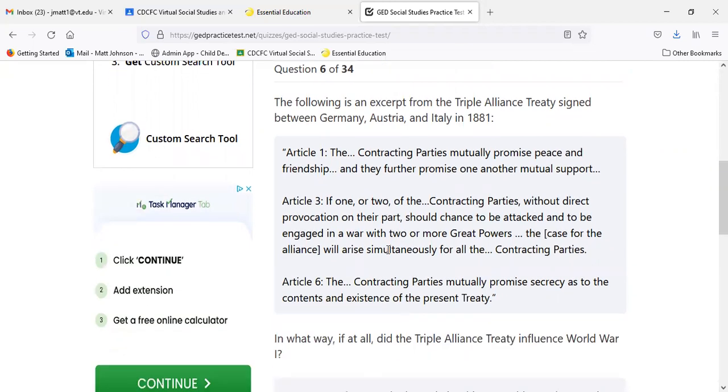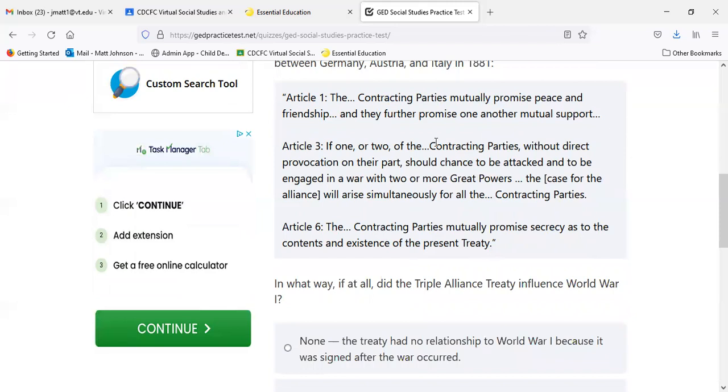Article 3, if one or two of the contracting parties, without direct provocation on their part, should chance to be attacked and to be engaged in a war with 2 or more great powers, the case for the alliance will arise simultaneously for all the contracting parties. Article 6, the contracting parties mutually promise secrecy as to the contents and existence of the present treaty. In what way, if at all, did the Triple Alliance Treaty influence World War I?